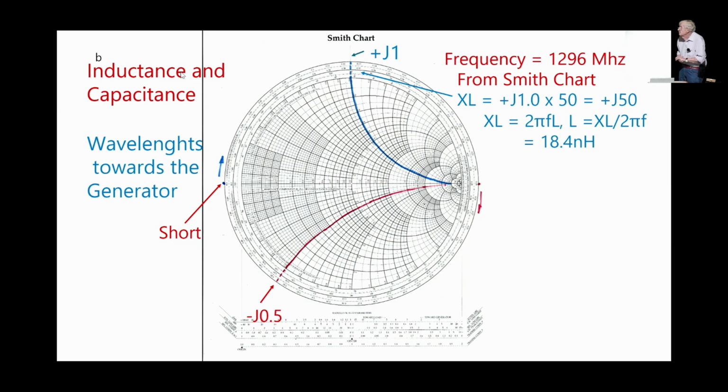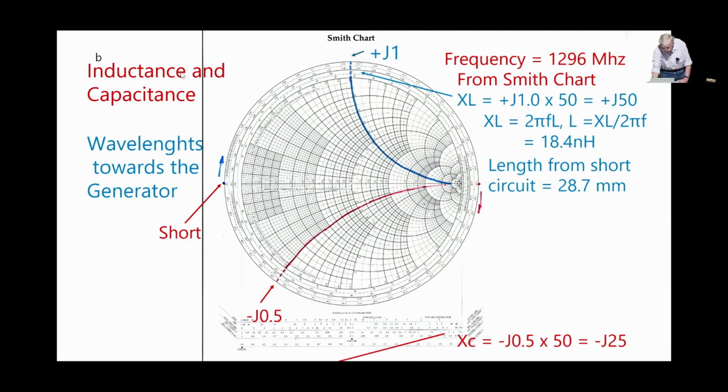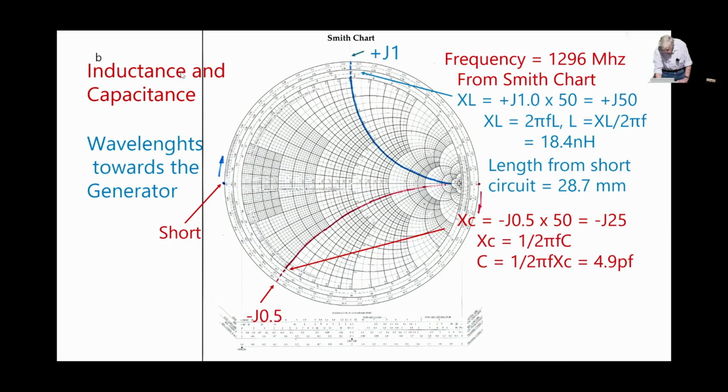Well, it means if you go from an open circuit around that far on a transmission line, you're going to end up with an inductance of 18.4 nanohenries. And if you go the other way, there's the actual length. If you go the other way, you'll get a capacitor. So you can actually make inductors and capacitors out of these things.